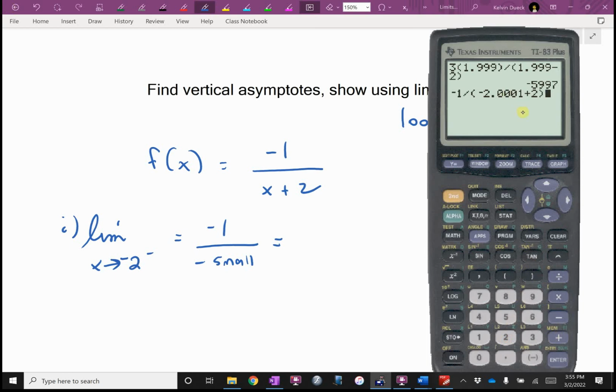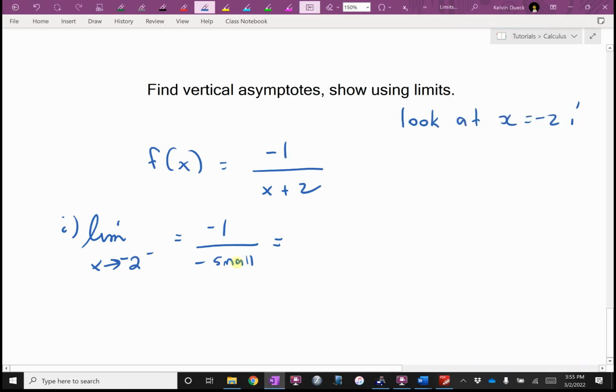That's what I'm imagining in my head, approaching -2 from the left. So again, let's try that again. Top is still -1, yes? What's negative 2.001 plus 2? Will it be negative or positive? Big or small? Really small. What's a negative divided by a negative? What's 1 divided by a really small number?